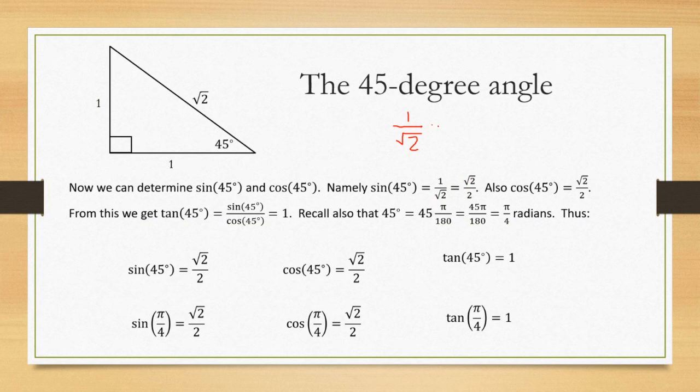But we can get rid of it because if we multiply and divide by the square root of 2, like so, what is this going to equal? Well, on top, you're going to get 1 times the square root of 2.